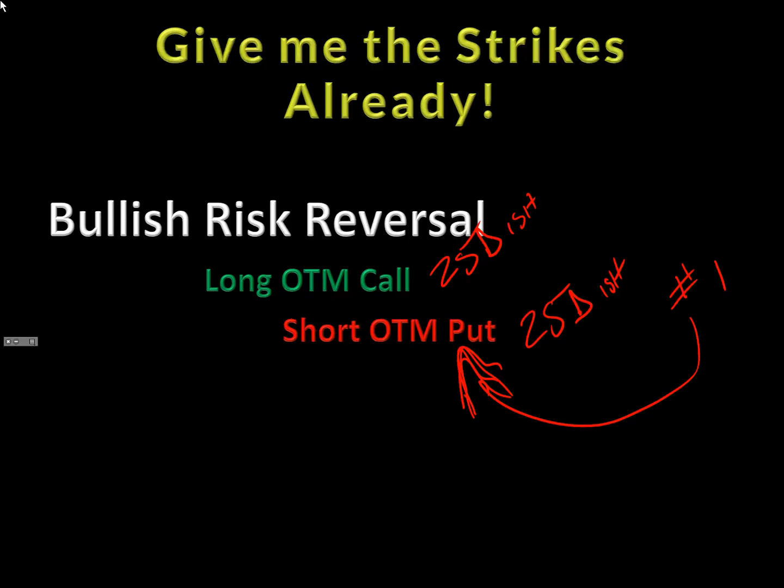They're paying up for it, all right? So those premiums have a tendency to get frothy in the puts before the calls do. Now, don't get me wrong, the calls can have some frothiness too, but usually it's the puts. So when we sell that put, I usually look at how much I can collect for that 25-ish delta put, and then that's going to be the call that I go out and buy.